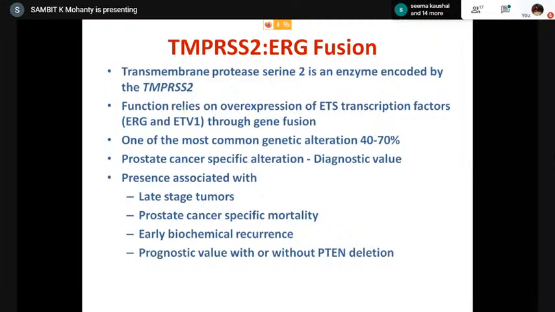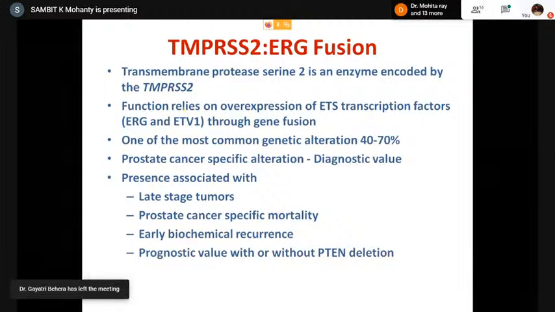So let's talk a few words about TMPRSS2-ERG, which is an enzyme encoded by TMPRSS2, and it needs the ETS transcription factor, which is ERG. ERG is a vascular endothelial IHC molecule through gene fusion, one of the most common genetic alterations in 40 to 70% of prostate cancer. It has diagnostic value also.